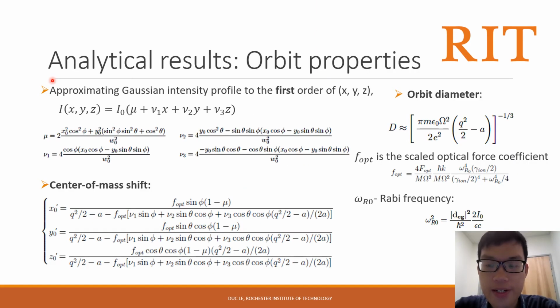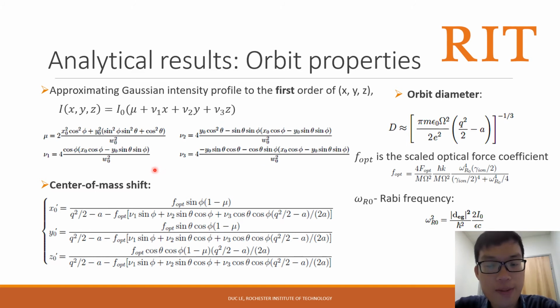With quite a complete numerical framework, we then move on to find an analytical model that can describe the properties of the orbit of the two-ion system. To do that, we need to do some simplification, namely to approximate the Gaussian intensity profile of the laser beam into first order with these coefficients mu, nu1, nu2, and nu3.